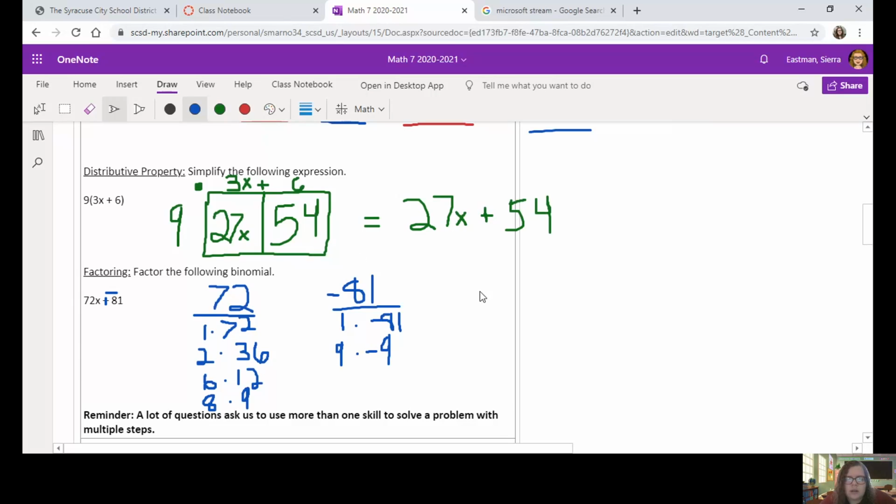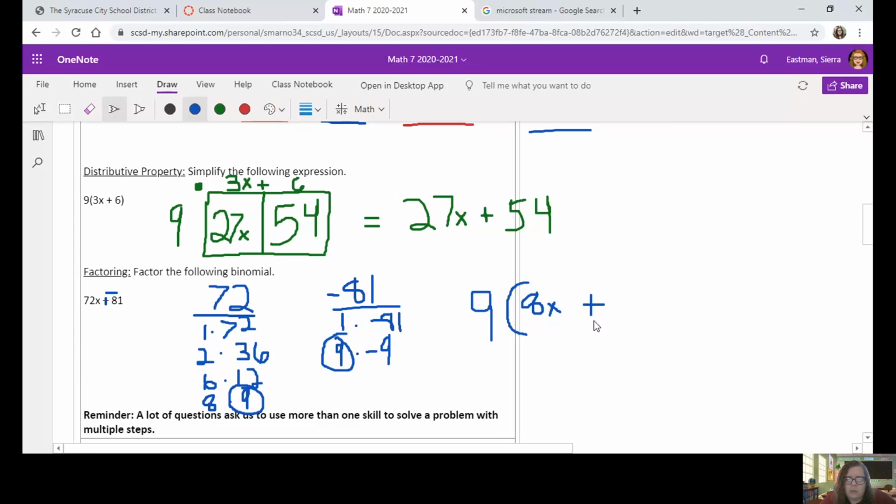And I think we can see that our GCF is actually the positive 9. I'm going to put that outside my parentheses. And then we're going to use those other factors that we found. 9 times 8 is what gets us to the 72. We need an x on that 8 so that it turns into a 72x.